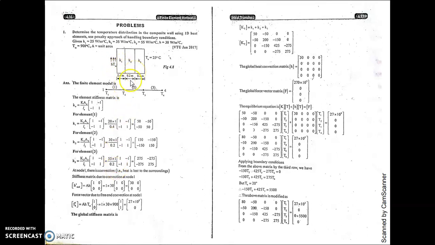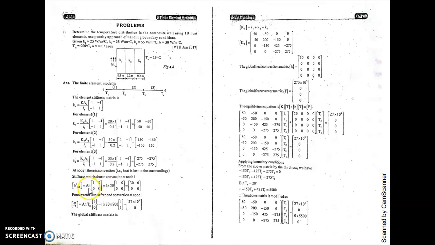Again there are 4 nodes and only convection is taking place at this end, hence take 1 at this point and rest all 0. It simply means that h convection at the free end, we have the formula A h [1 0; 0 0]. Before coming to this video lecture, please go through the formulas listed out in the previous lecture. After noting down all those formulas, see this video.